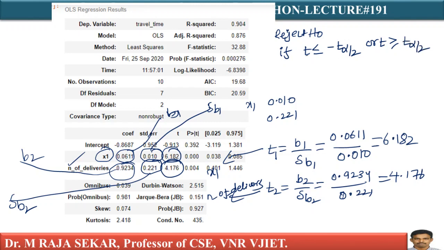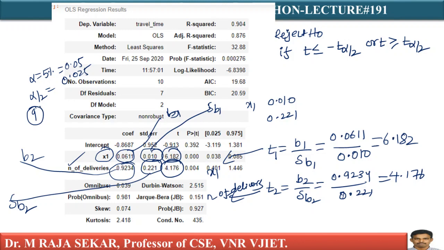I need the t alpha by 2 value, as I am assuming alpha equals 5%, that is 0.05. Alpha by 2 is 0.025. At n minus 1 degrees of freedom, n is 10, so 10 minus 1, 9 degrees of freedom.